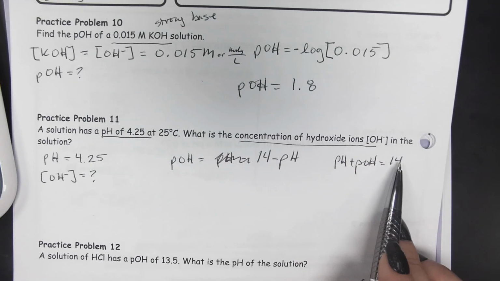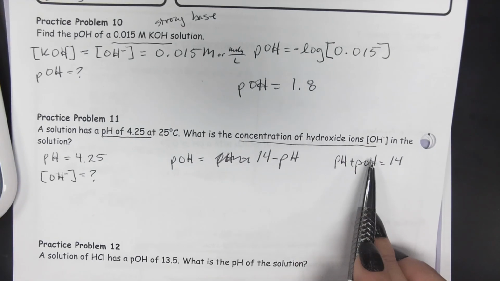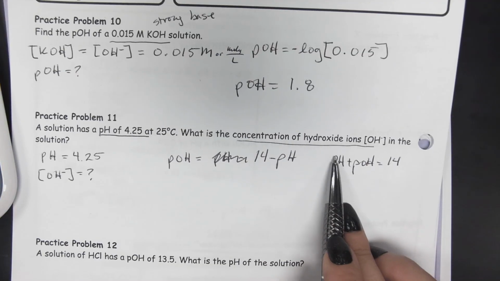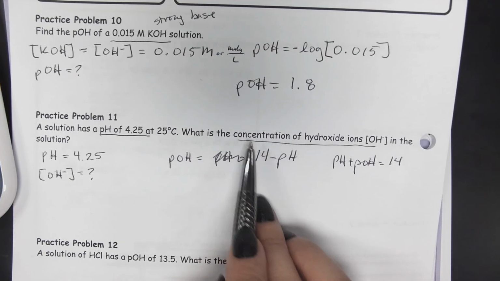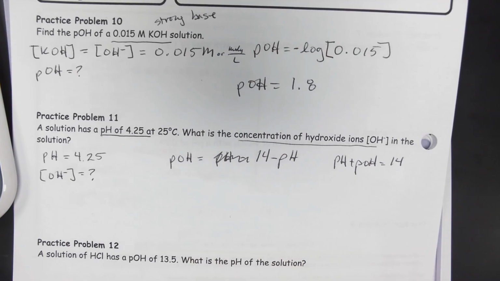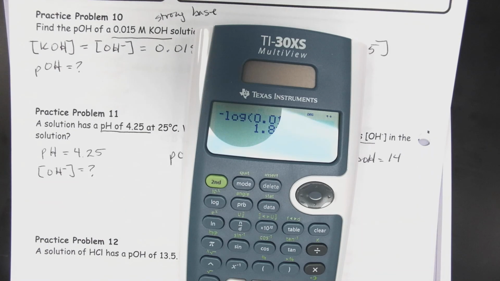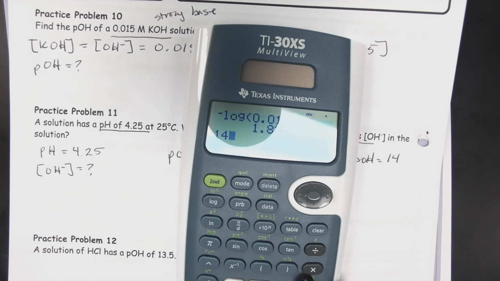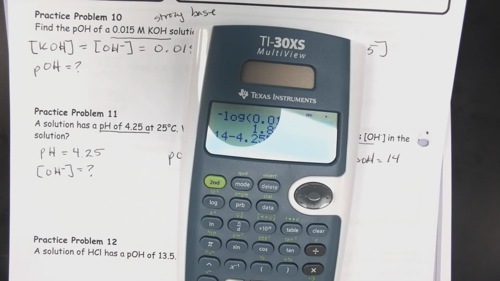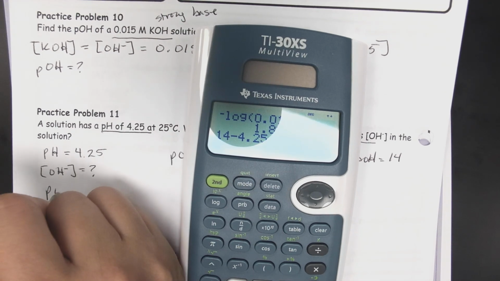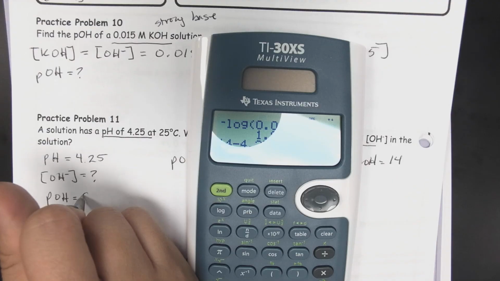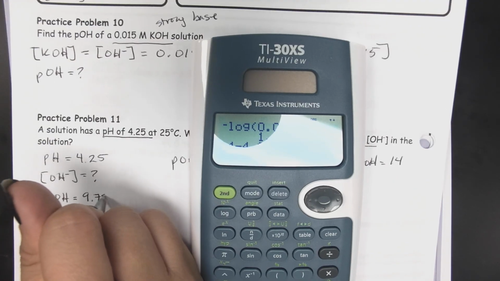So then we would take that pH and subtract it to the other side. So yeah, 14 minus pH is equal to pOH. All right, so 14 minus 4.25 means that the pOH is equal to 9.75.